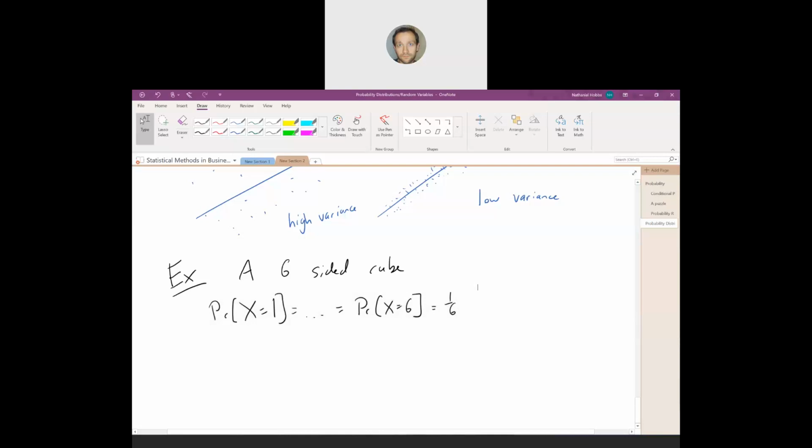Recall that the expectation of x is 3.5. So we're just going to compute the variance of this random variable. I'll start off with the definition.